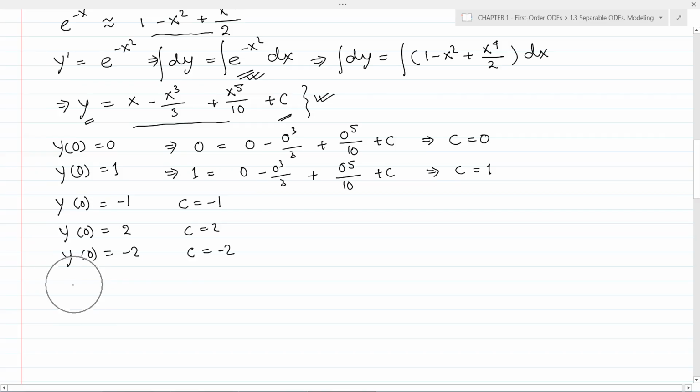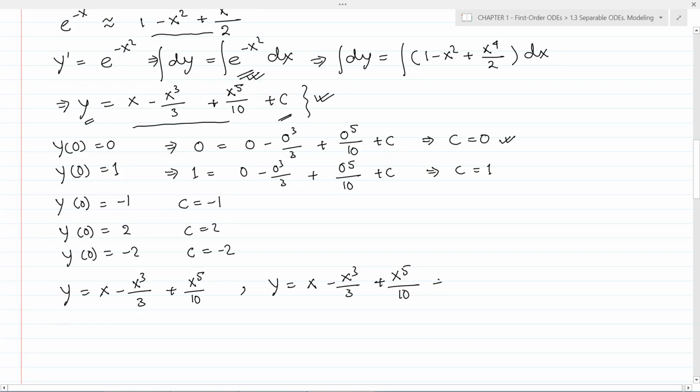be 5 particular solutions: y equal to x minus x cube by 3 plus x to the power 5 by 10 plus 0, because the first C value is 0. The second particular solution will be y equal to x minus x cube by 3 plus x to the power 5 by 10 plus 1 for C equal to 1.